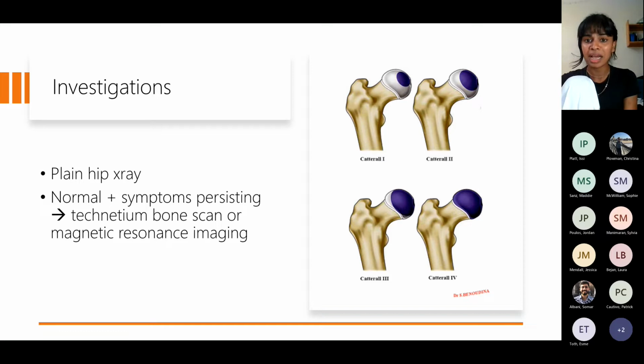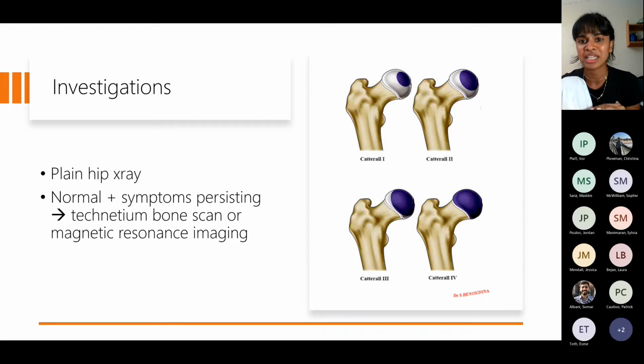And does anyone know what kind of classification is used to classify Perthes sometimes? This is on PassMed. I've never seen it actually come up. I don't know how much you need to know it, because the management you need to know for Perthes is quite basic, but it's good to be aware that it's a staging system they use.